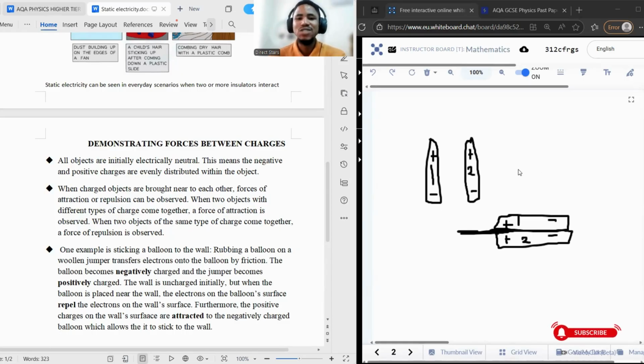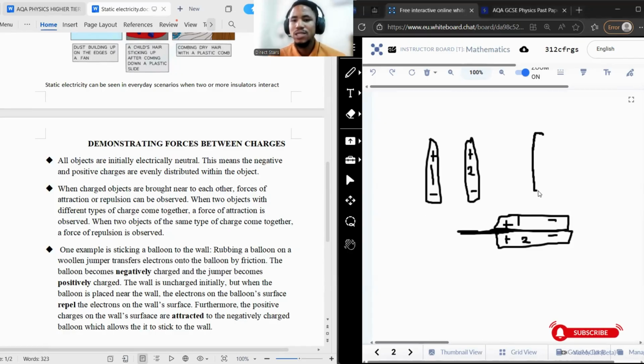But if the negative charge in the first material is much, while the negative charge in the second material is also much, then there will be the same repulsion, negative, negative. But when there is more positive charge in the first material here, and we have more negative charge in the second material here, this is what we call attraction. So there will be a force of attraction between them.